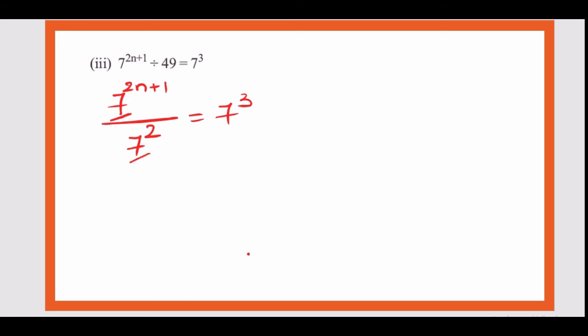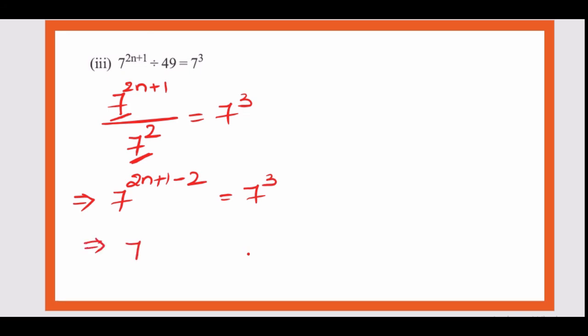In division, we are having both the bases same. So when bases are same, directly exponents will be subtracted. Now I can write this as 7 power 2n plus 1 minus 2. That means a^m by a^n, I can write it as a^(m-n), equal to 7 power 3.